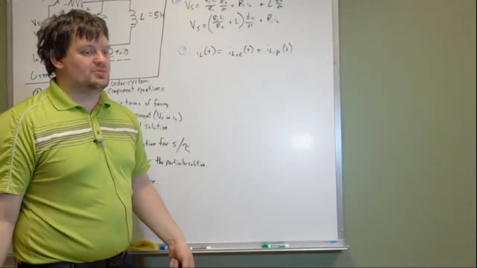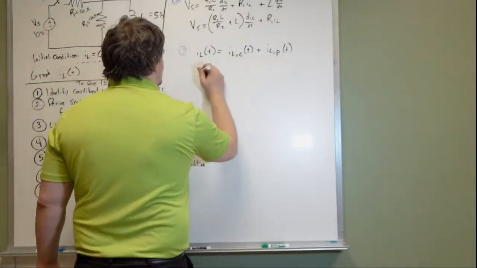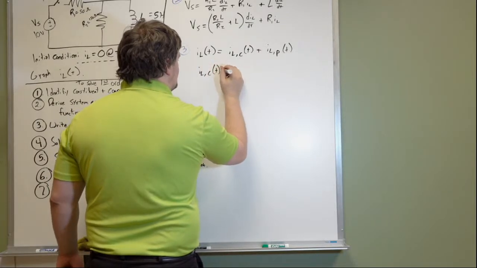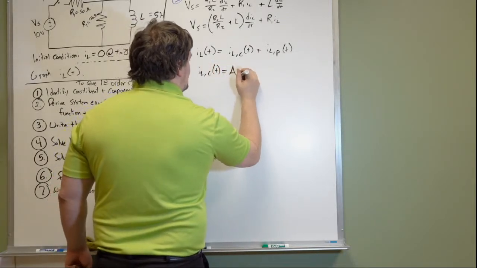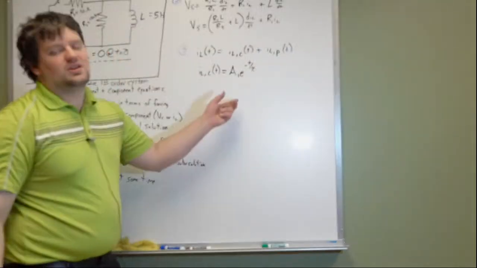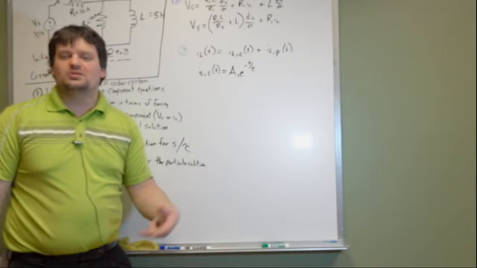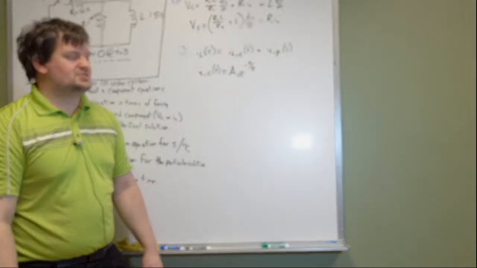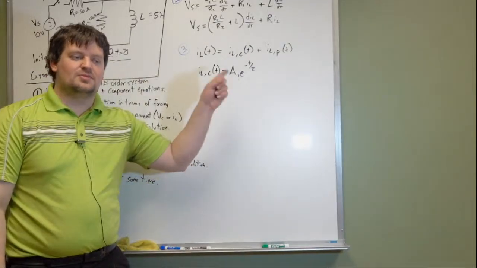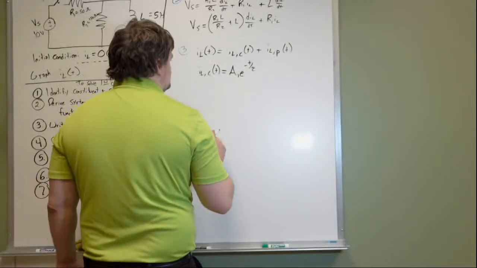All first order complementary system solutions look exactly the same. It is ILC, as a function of time, equal to A1 e to the negative t over tau. You could do A1 e to the st, that also works too. But I'm just short-circuiting this and going straight for the tau because tau makes sense. And I like tau.